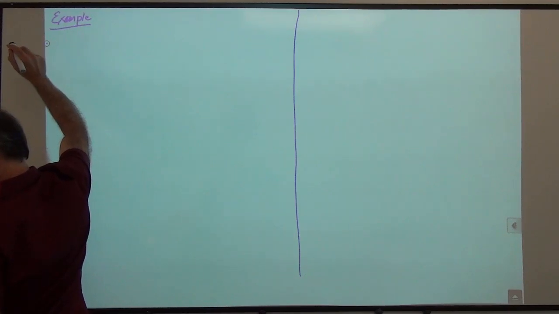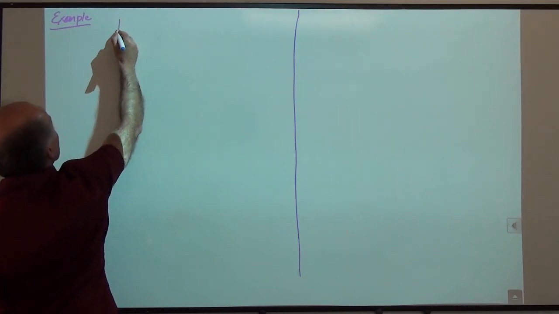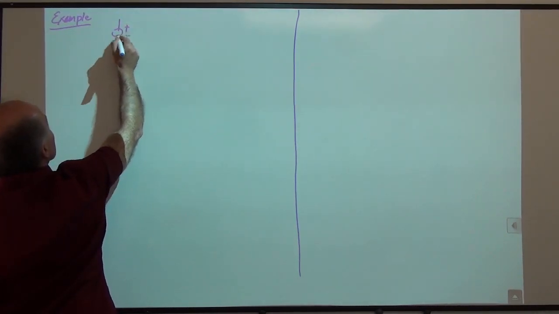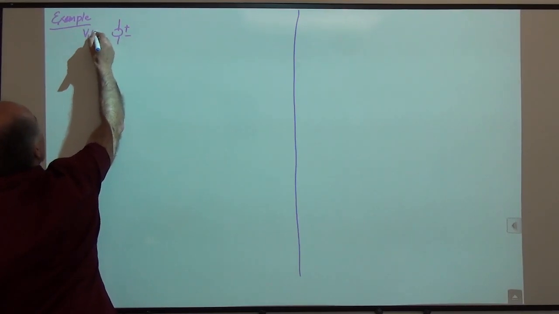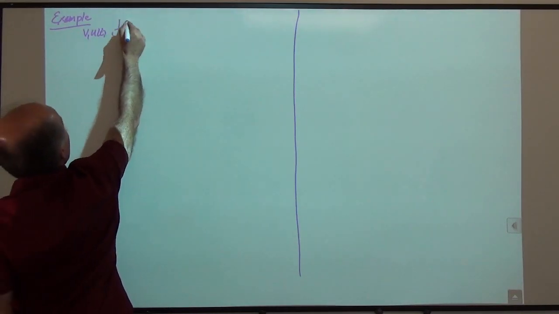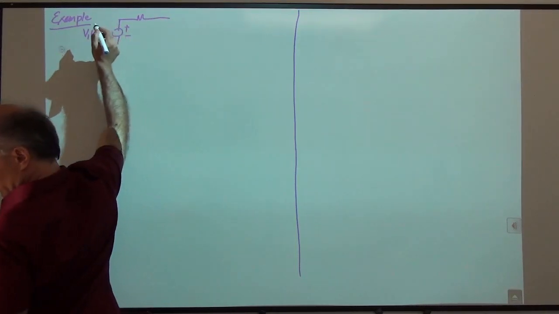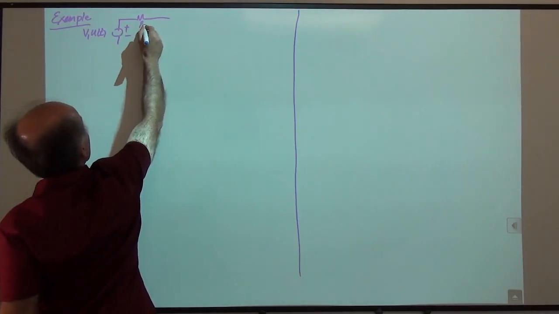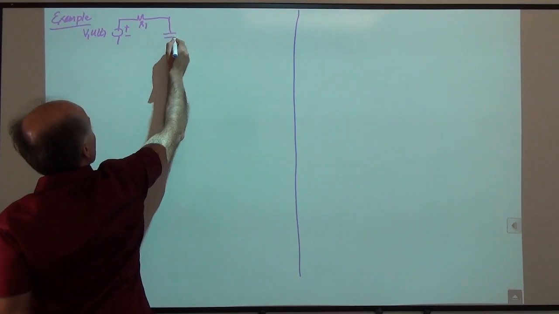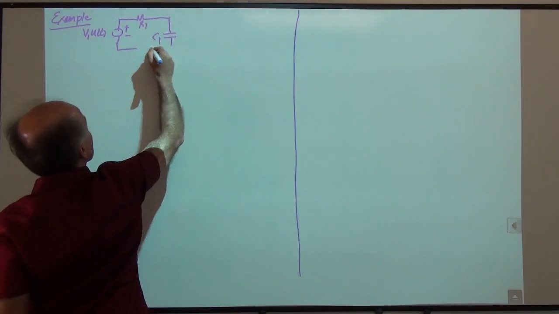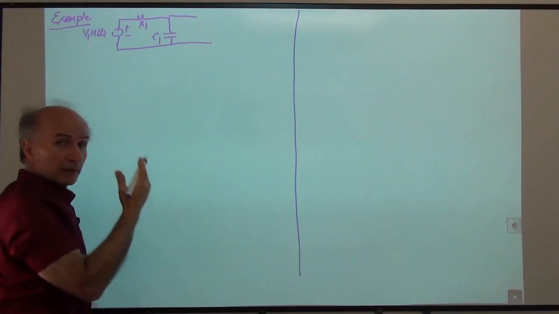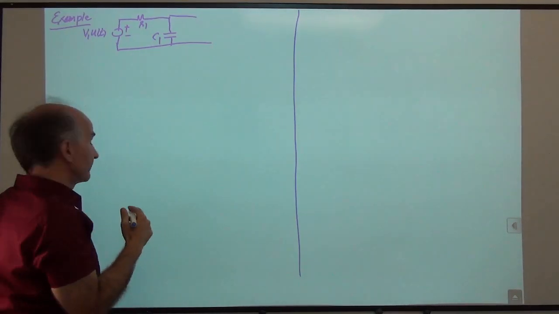Okay, so this time we have a step like so. So V1 U of t. Then we have a resistor R1 and the capacitor C1. This part is something we are familiar with, so that's easy.